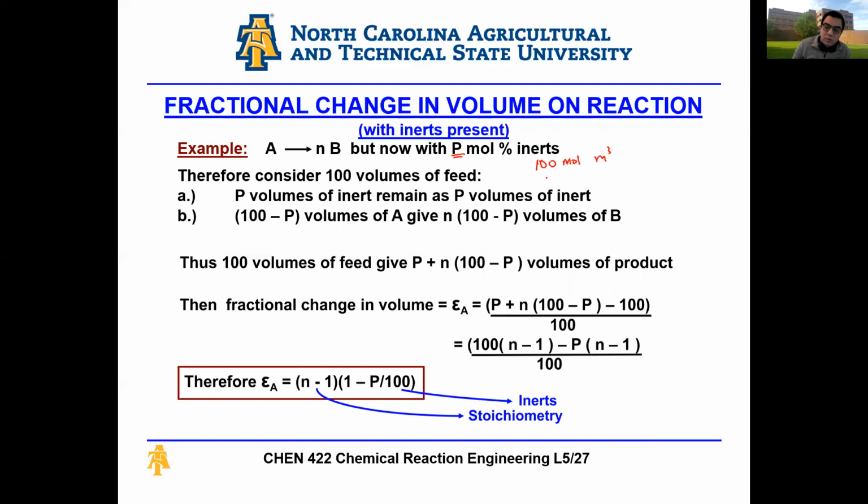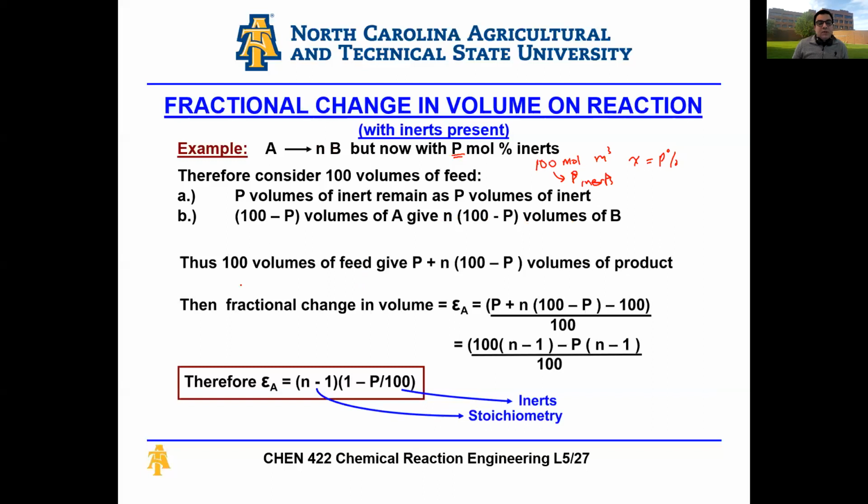It's a gas phase, we assume ideal gas, and the concentration of this inert is equal to P percent. So out of these 100, I have P inerts, right? And the 100 minus P volumes of A give N times 100 minus P volumes of B, right? So because my feed is 100 volumes, P of these volumes is inert, 100 minus P is the volume of A, it reacts, and I get basically N multiplied by 100 minus P volumes of B, all right?